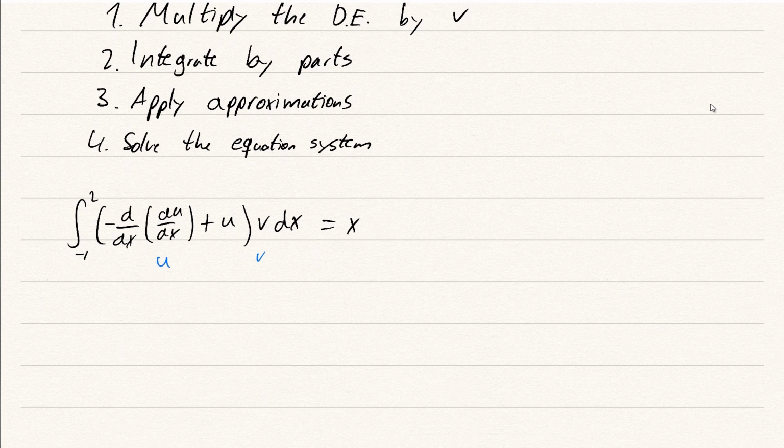So here's another reminder how to do this. We will do d/dx of u and v, and that's going to be du/dx times v plus dv/dx times u.